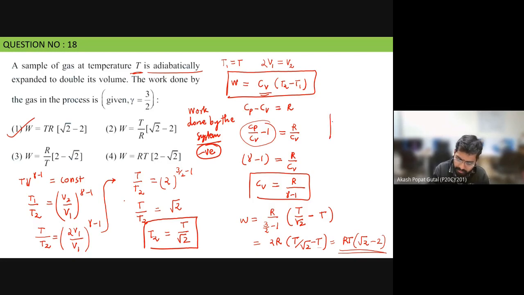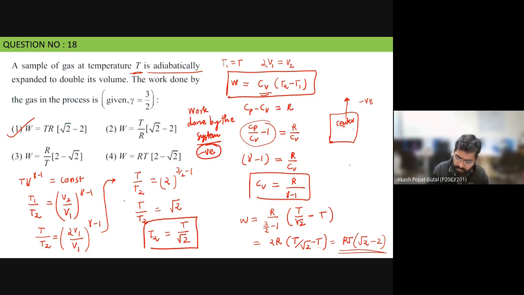We calculate every sign of the thermodynamic system considering the system as the center. If the system is doing work, it is losing energy, which means the work must be negative.